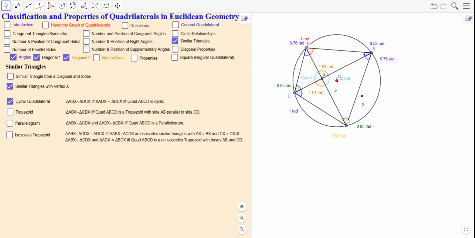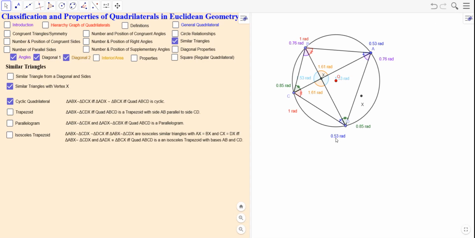Okay, they have congruent measures. Okay, and so those two triangles must be similar.